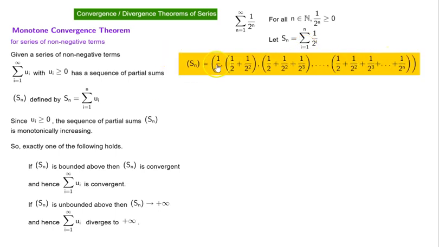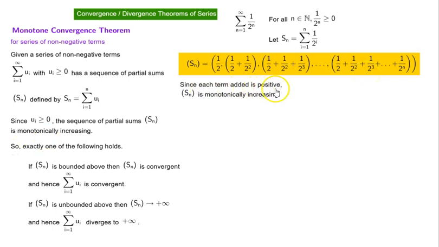Just for understanding, I have expanded it. So we have the sequence of partial sums: the first term will be 1 by 2. The second term of this partial sum sequence will be 1 by 2 plus 1 by 2 square, then 1 by 2 plus 1 by 2 square plus 1 by 2 cube, and so on. And this is the nth term of the partial sum sequence.